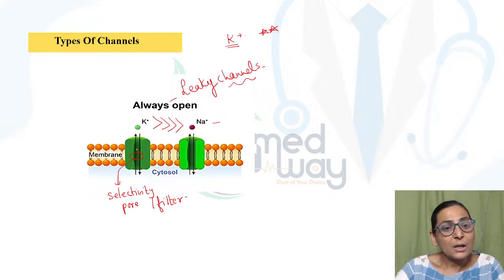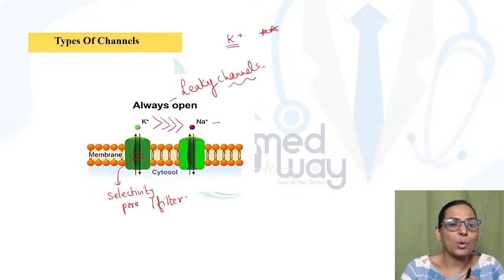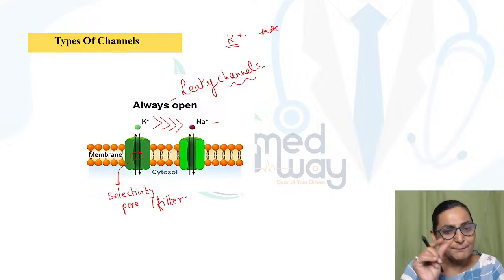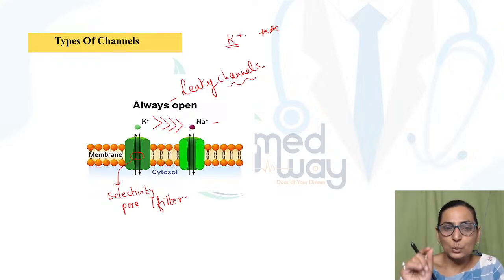ठीक है. Now what is the reason? You will see that the molecular size of sodium, okay, इसको अच्छे से सुनो. The molecular size of sodium is less than that of potassium, right? अगर आप molecular size देखेंगे sodium का, it is less than that of potassium.